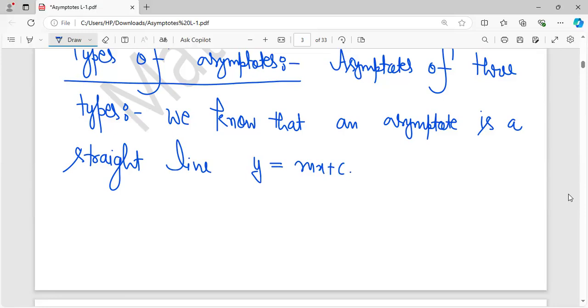The first type is the horizontal asymptote.